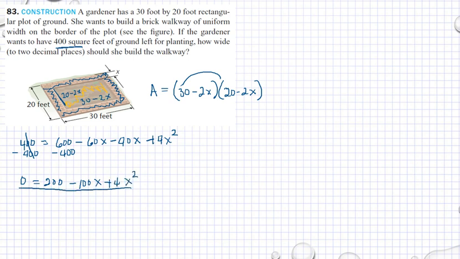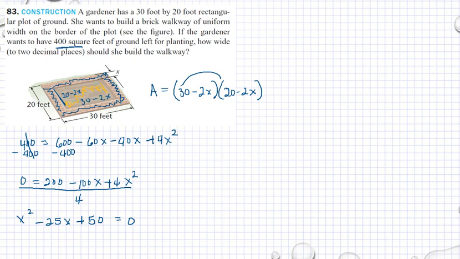If we divide both sides of the equation by 4 and rearrange, then we have x squared minus 25x plus 50 equal to 0.